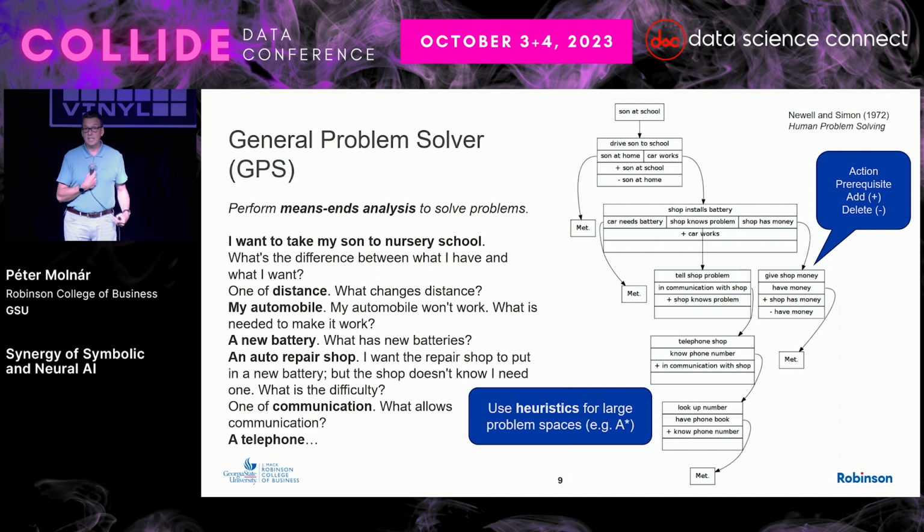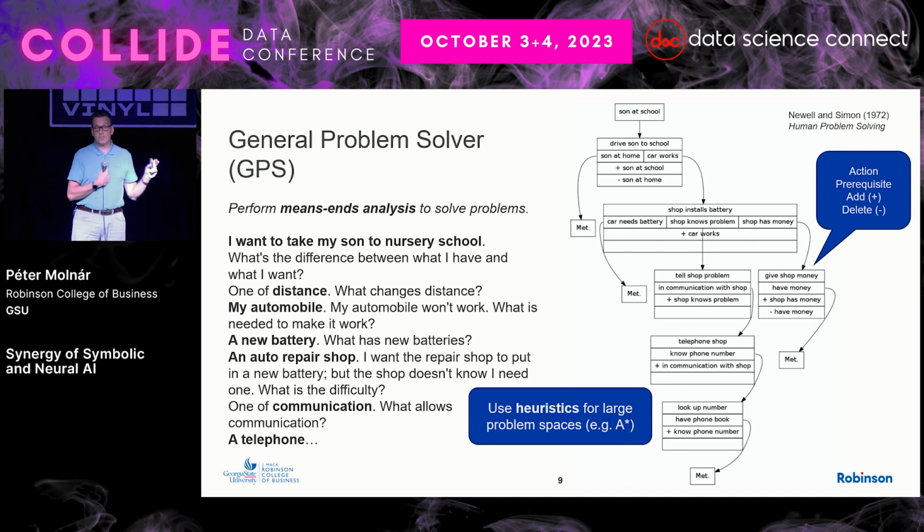This is an example in this group of problems, but even in that time frame, Newell and Simon developed the General Problem Solver. The idea is: if I want to solve a problem, I want to do something, what does it take to get there?